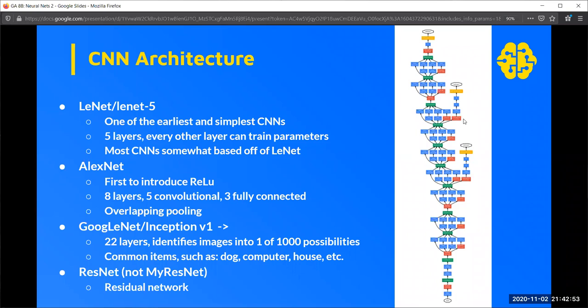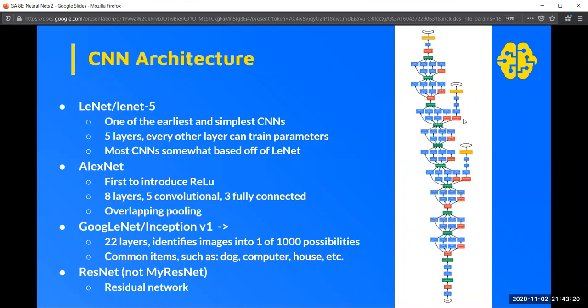So this one, GoogleNet, is a convolutional neural network, of course, but you know how you can train something to differentiate between a cat and a dog, or a zebra and a horse or something? With this one, it's trained to identify images into 1 out of 1,000 possibilities.